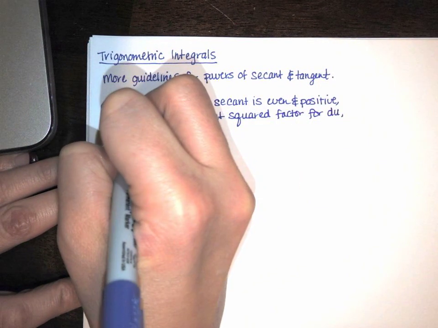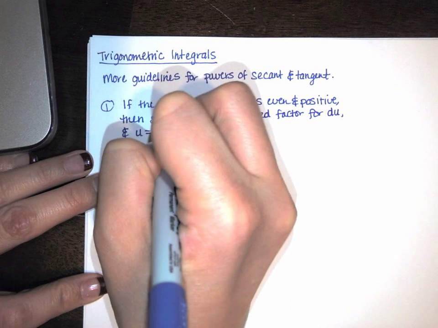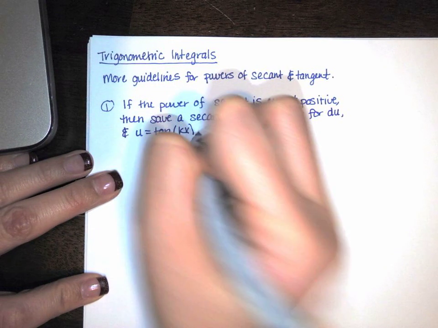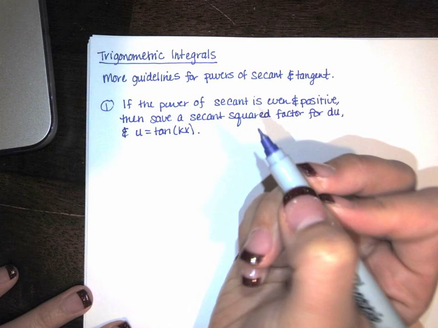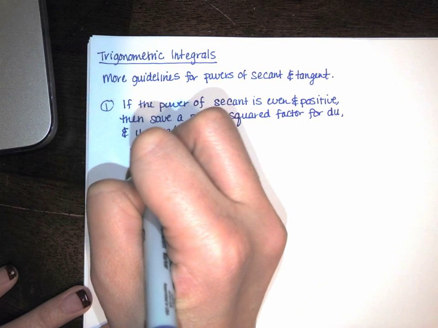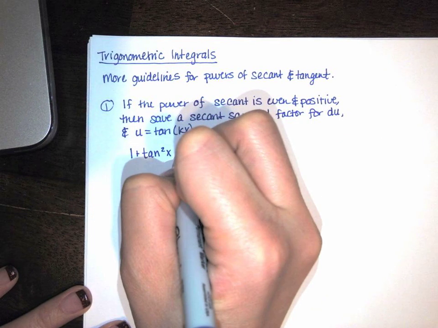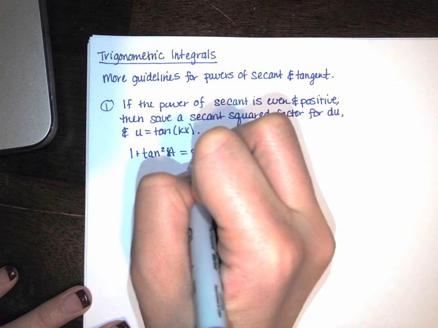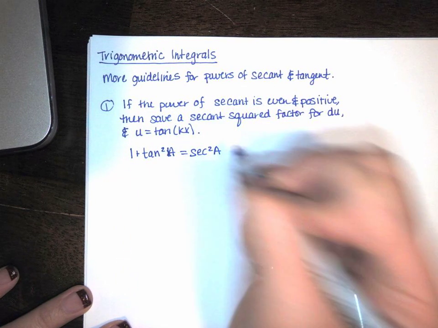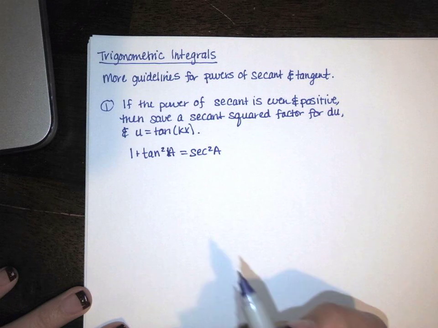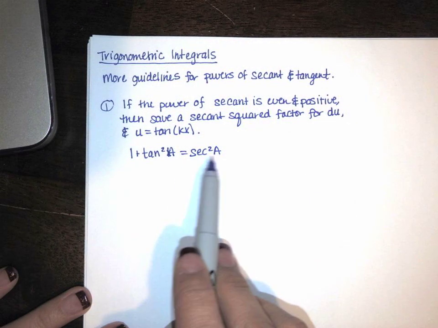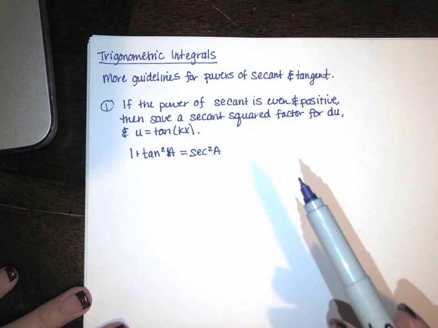And let u equal tangent of whatever your angle is, usually kx. And then of course you're going to have to use the fact that 1 plus tangent squared of some angle equals secant squared of the same angle to get all of your secant squared factors written in terms of tangent.